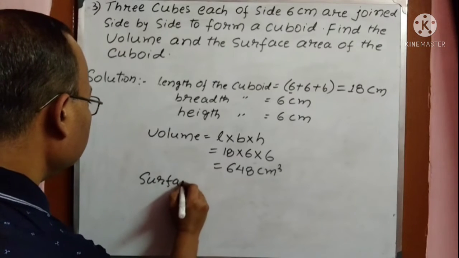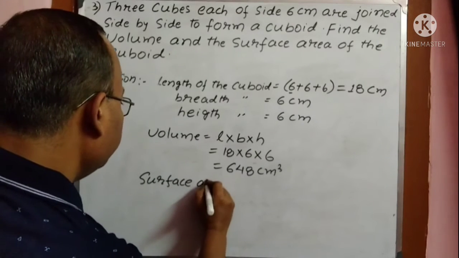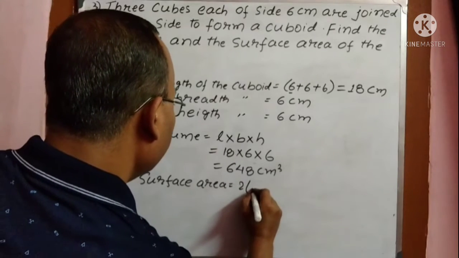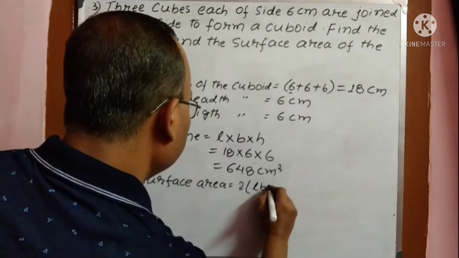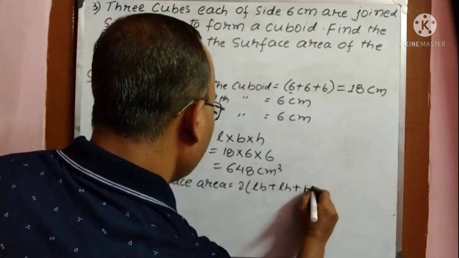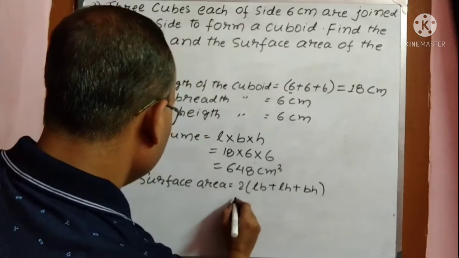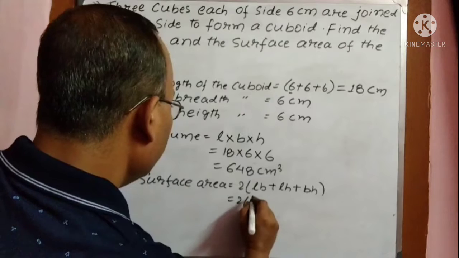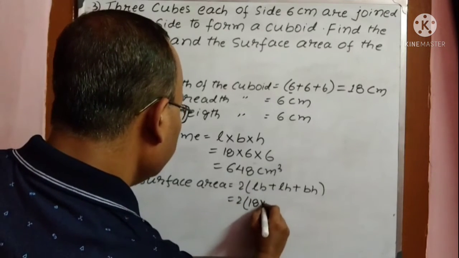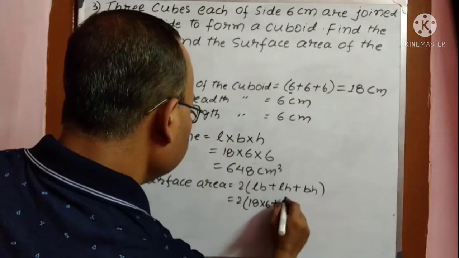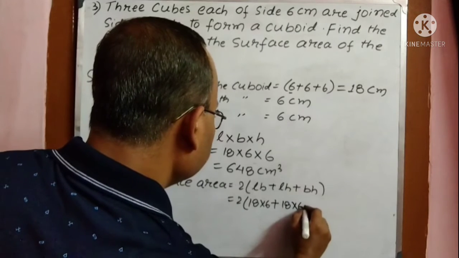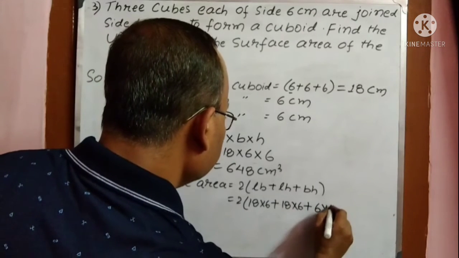Surface area. So surface area is equal to 2 into length into breadth plus length into height plus breadth into height. This is the formula. So your 18 into 6 plus your 18 into 6 plus 6 into 6.